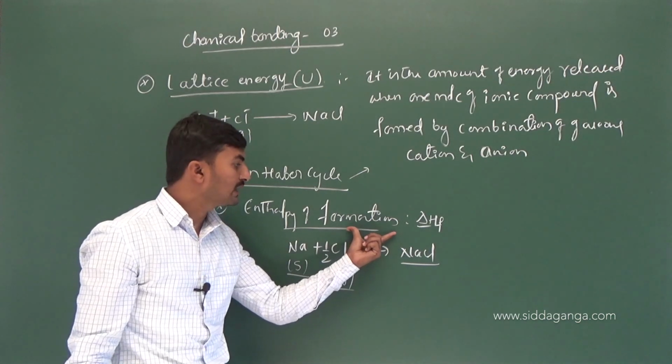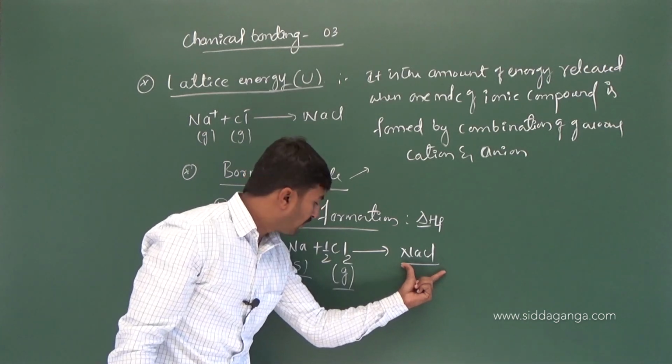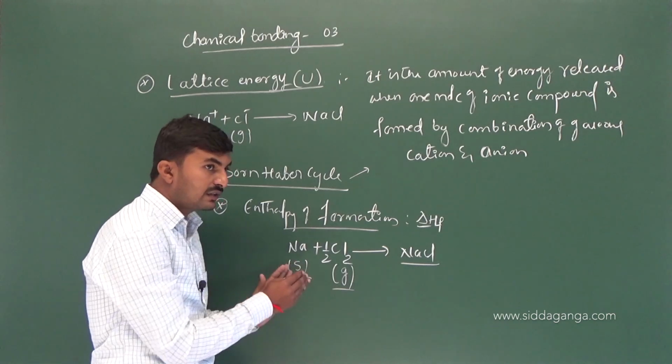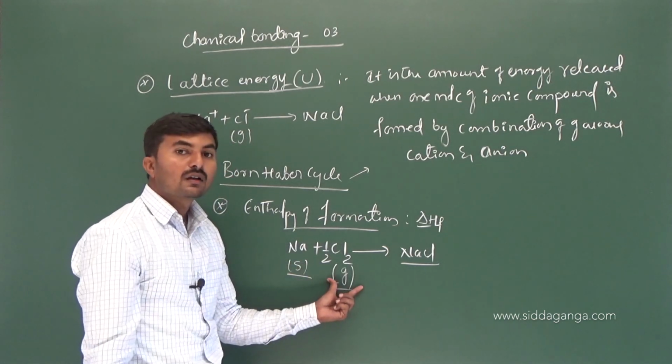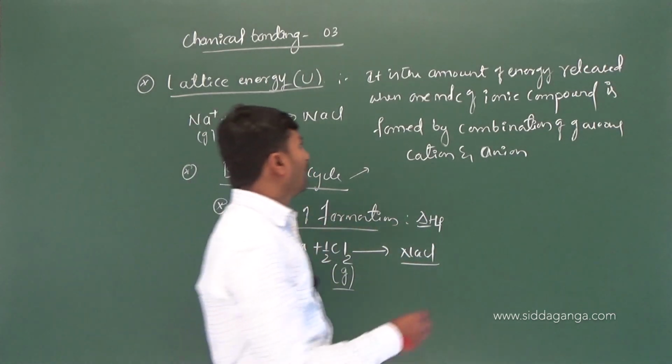The name itself indicates that during the formation of 1 mole of ionic compound by the combination of elements in their pure and stable state, the energy released is nothing but energy of formation.